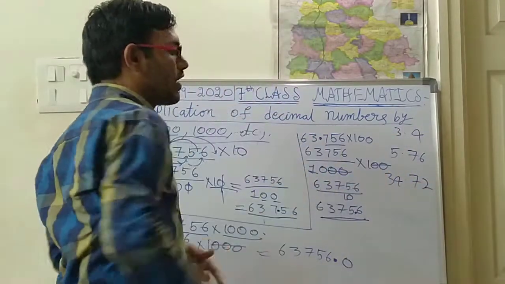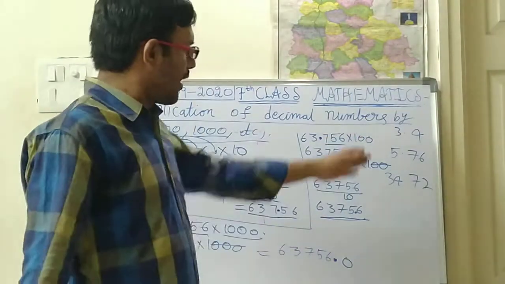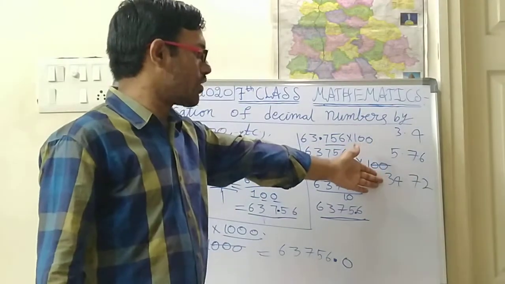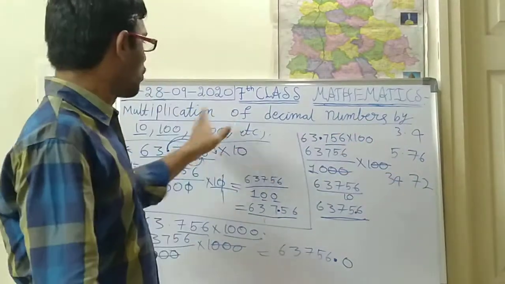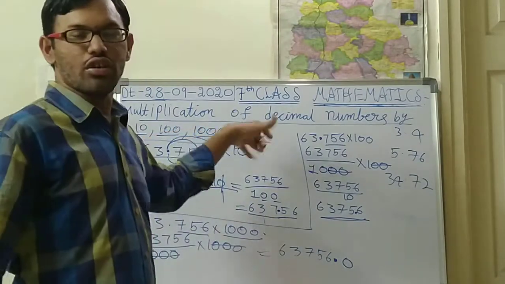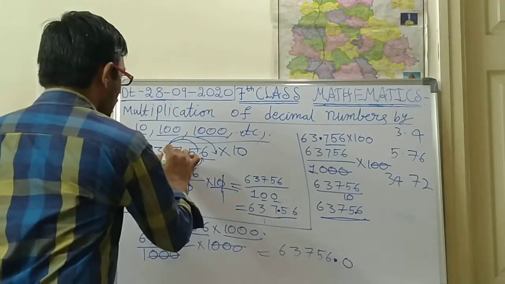Any single digit number or double digit number or triple digit number. Like this you take, 3.4, 5.76, 34.72 and do the multiplication with 10, 100 and 1000, so that you can identify this change.